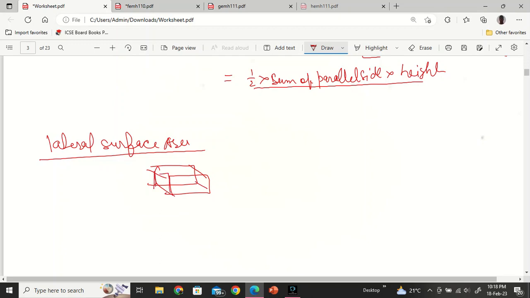This is the first wall, this is the second wall, this is the third wall, this is the fourth wall. Actually we leave the surface area of the top and base figure. In lateral surface area we find the area of the lateral part and we just ignore the top area and base area.